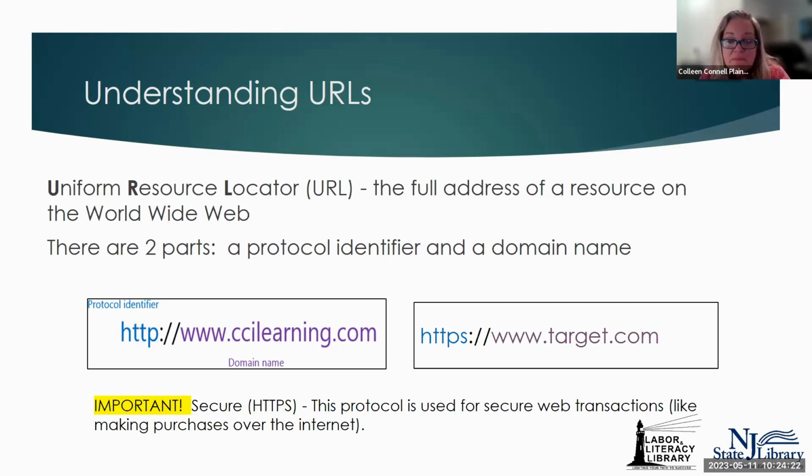They are separated by a colon and two forward slashes. In this case, HTTP is the identifier and the domain name is www.ccilearning.com.